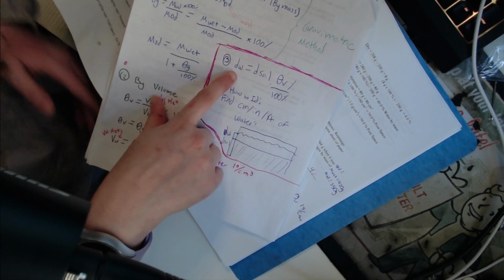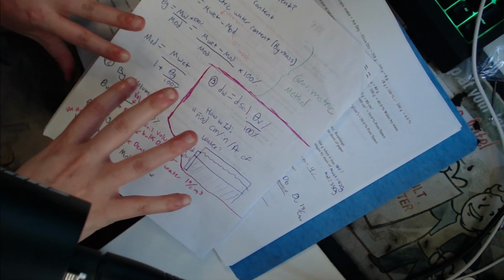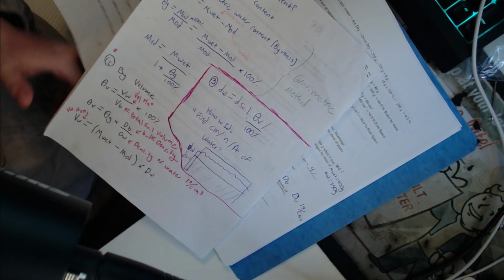I'm not going to do it for you, but that is the equation you need to use because that will give us the depth of the water, D sub W. And that is all you need to do that one. That should give you all the answers you need and hopefully answers a lot of your questions. I know a lot of people were thrown off by this, but hopefully that's all you need and you'll be good.